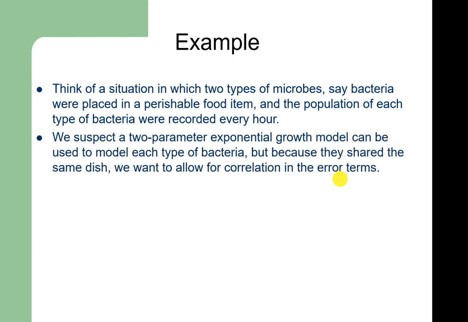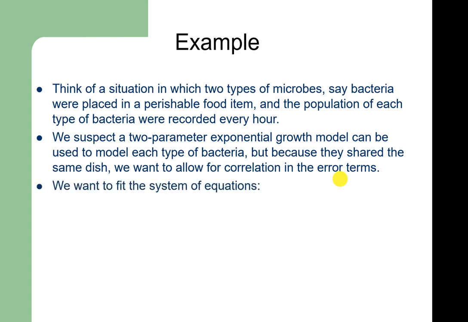We may suspect a two-parameter exponential growth model can be used to model each type of bacteria, but because they share the same food item, we may allow for correlation in the error terms, that is, the error terms in the two equations may not be independent of each other, they may be interdependent.